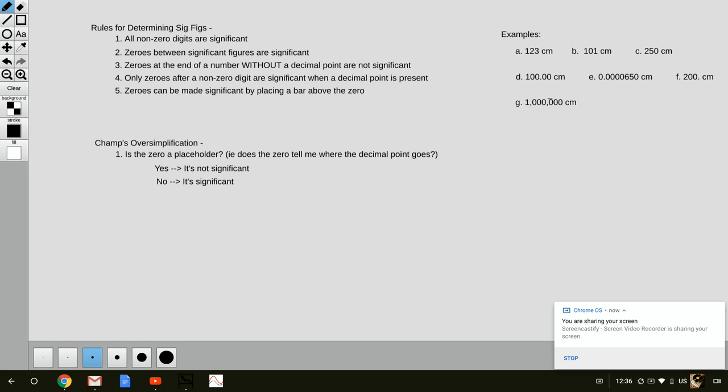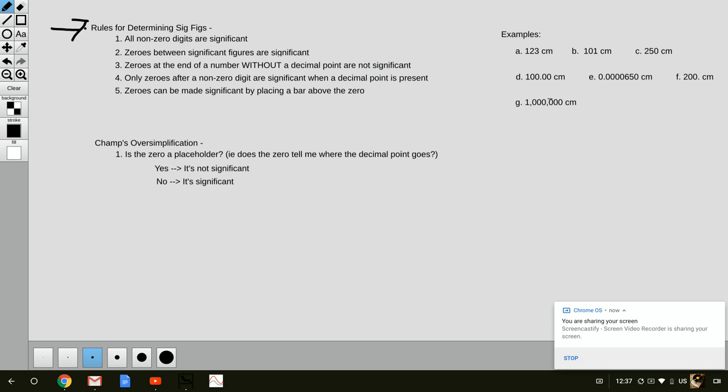So first of all, if you point your attention, sorry, there was the bell, up here to the rules, right here, here are the 5 rules for Sig Figs. The first rule is all non-zero digits are significant. Second rule is zeros between significant figures are significant.